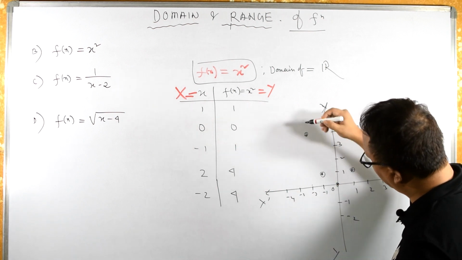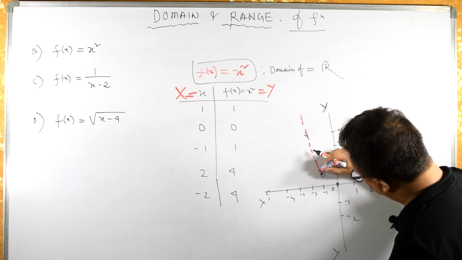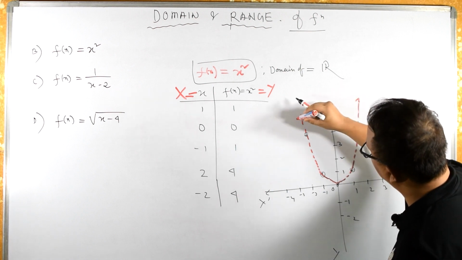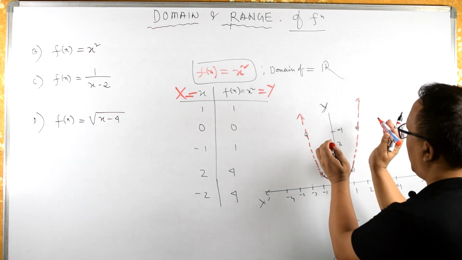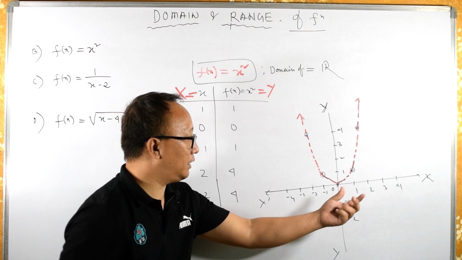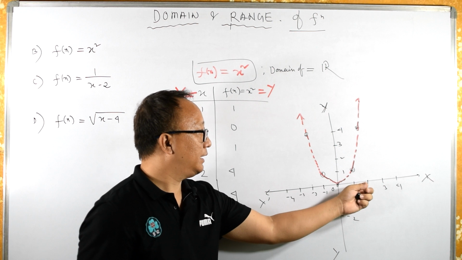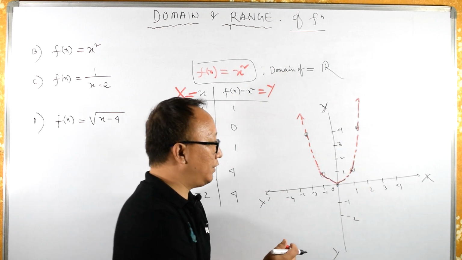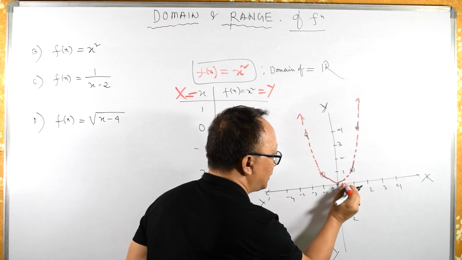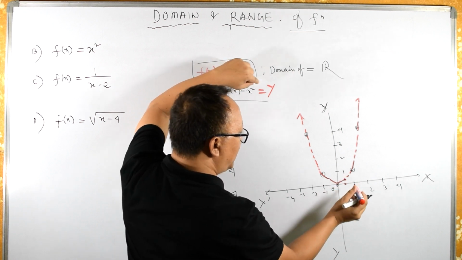Let's make a dotted line like this. It is called an upward parabola. Now for every value of x, you will get its image over here. If you substitute any point, you will get its output over here.